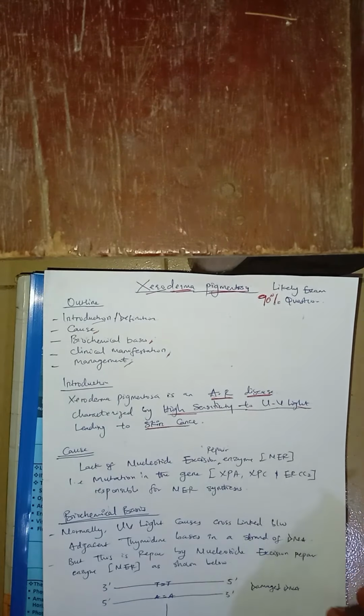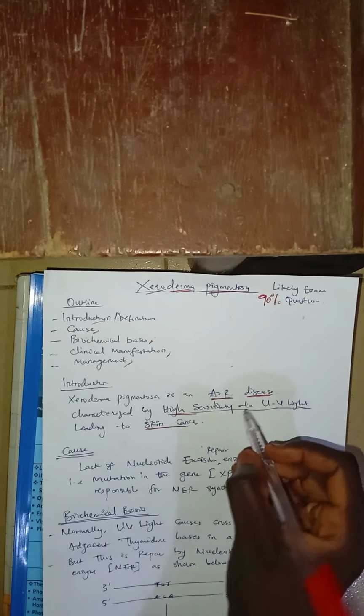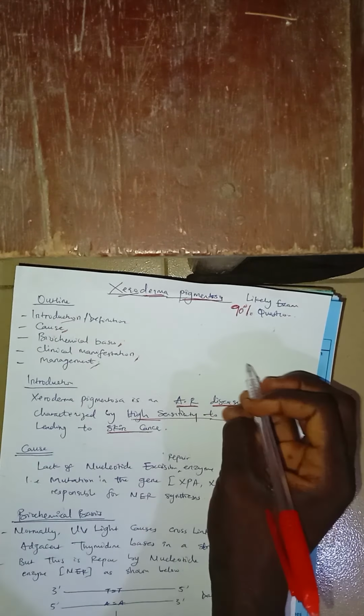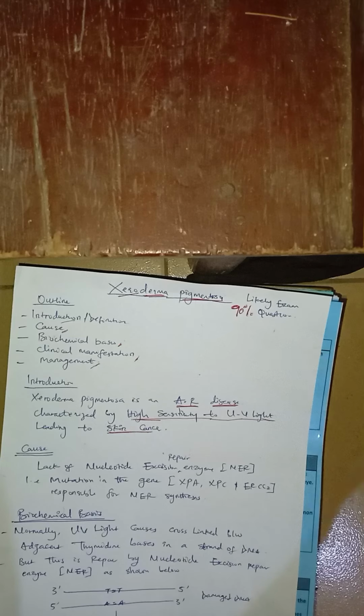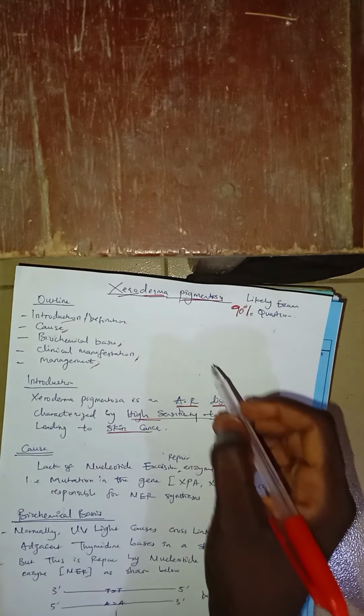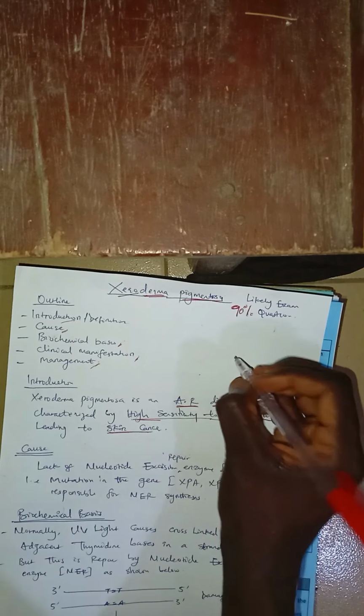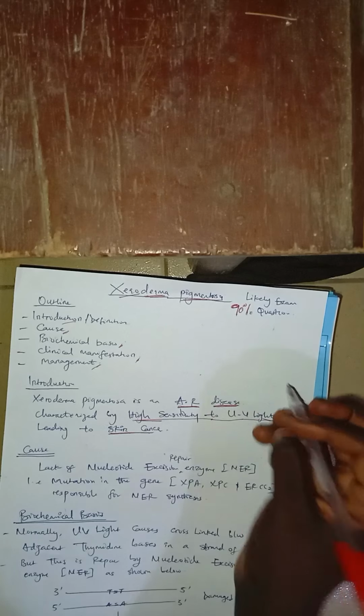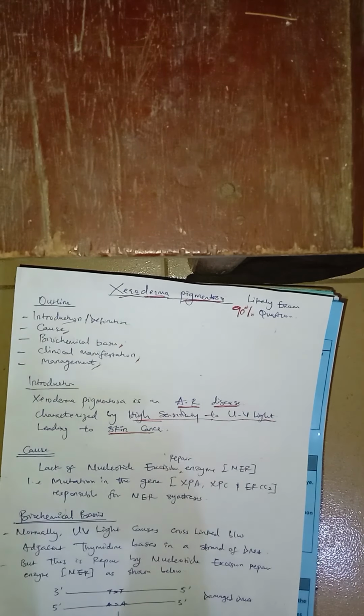So normally, when somebody is exposed to UV light, ultraviolet light, the DNA in the cells in your skin tends to, particularly the pyrimidine nucleotides, form dimers. They tend to do what? Form dimers.